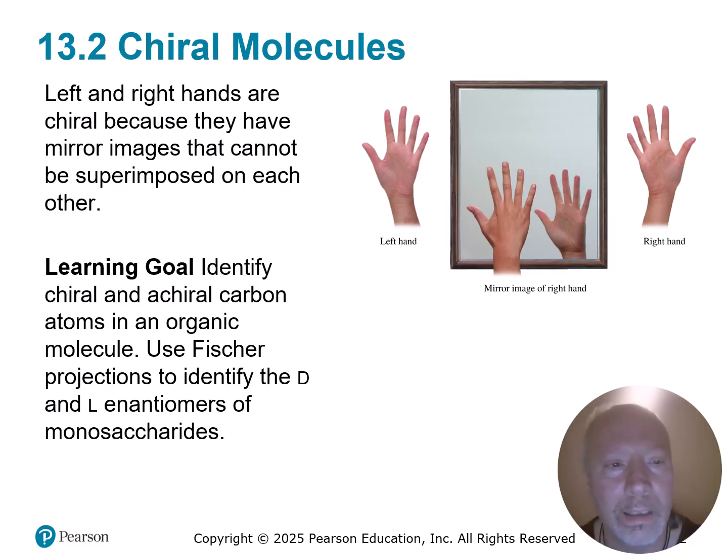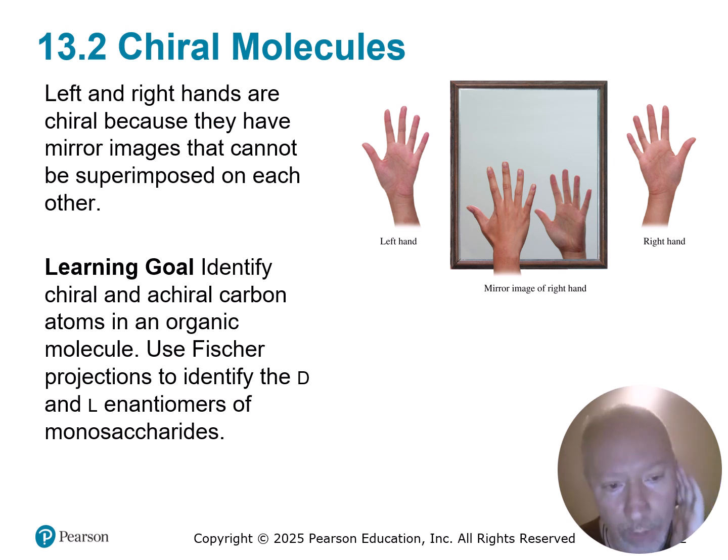What are chiral molecules? Well, first we use an analogy: chiral molecules versus achiral molecules. Chiral molecules can be very specific to the arrangement in space of atoms and elements within that one molecule.